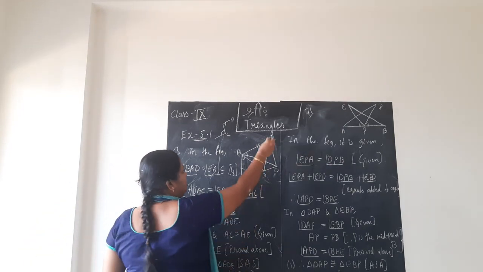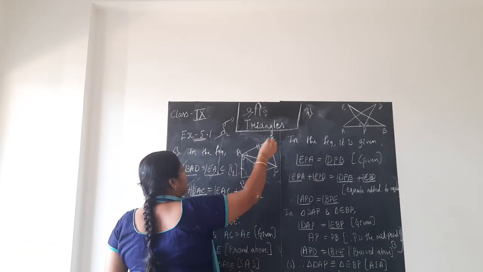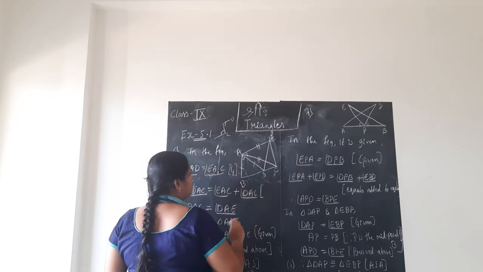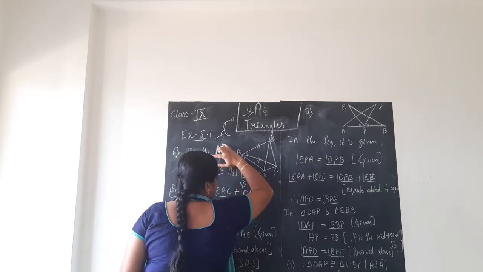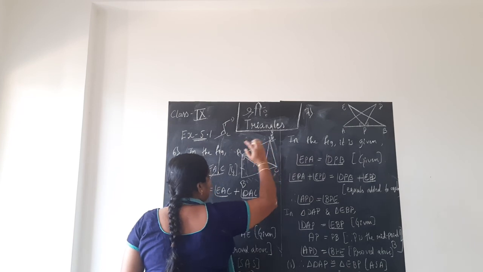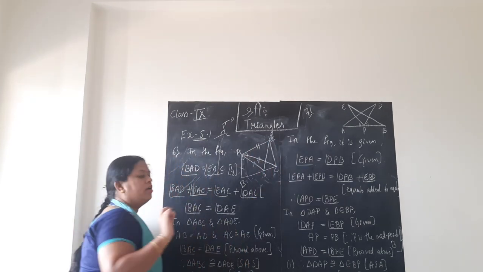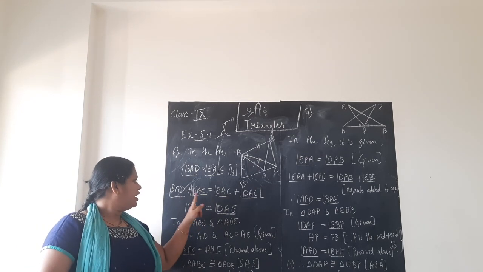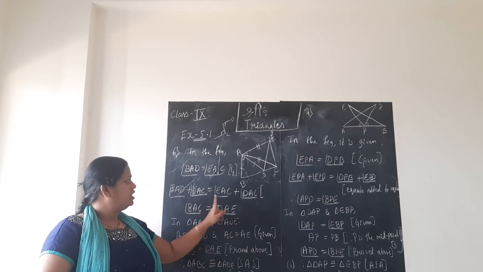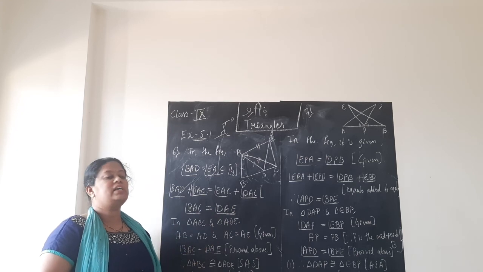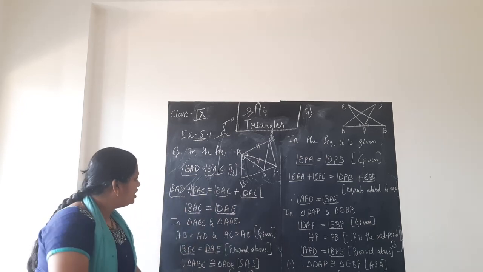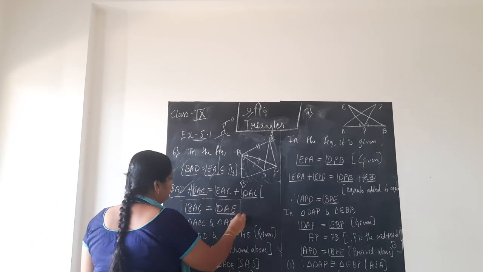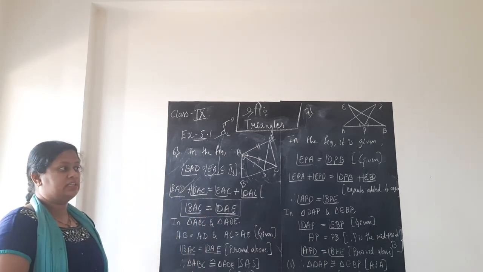Similarly, when you add EAC and DAC, you get the whole big angle DAE. So you can observe it by drawing the lines separately. So we proved that angle BAC is equal to angle DAE. Put one box here. This is important for the next step.